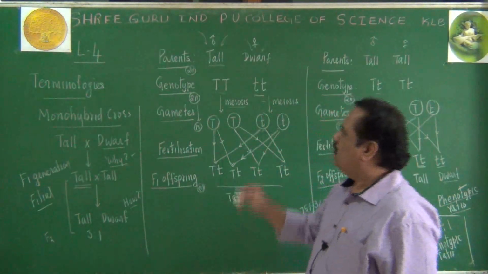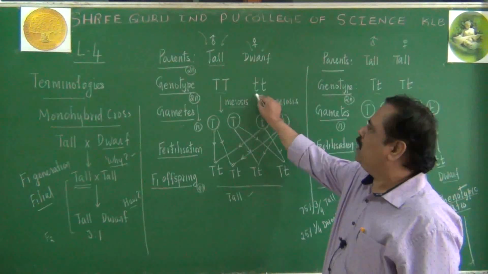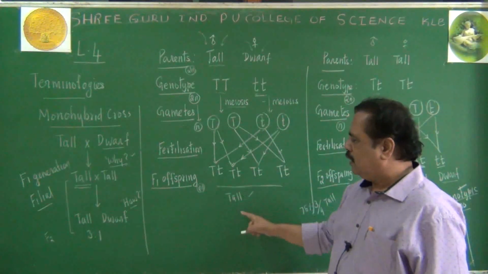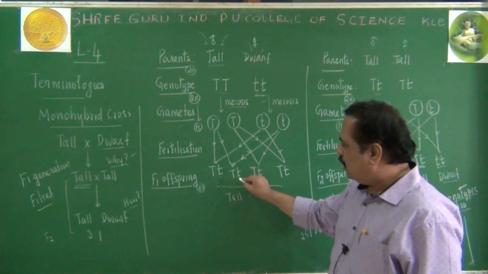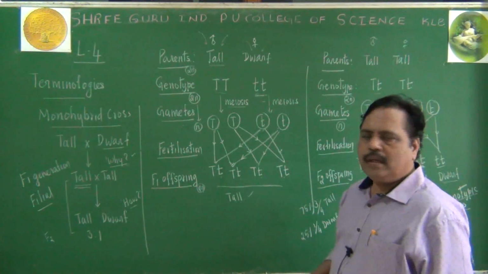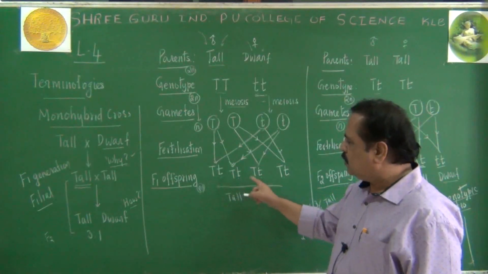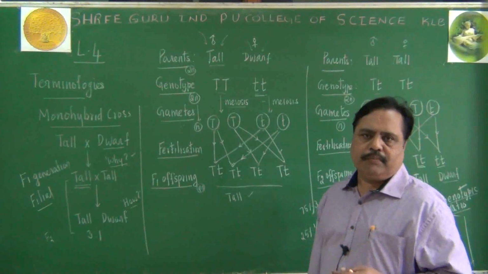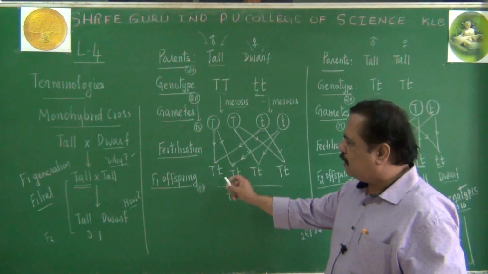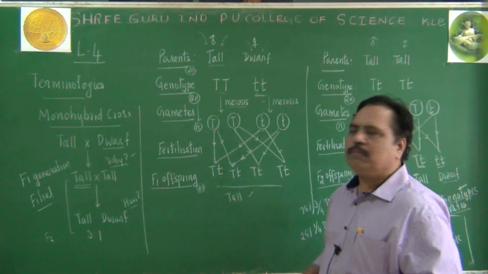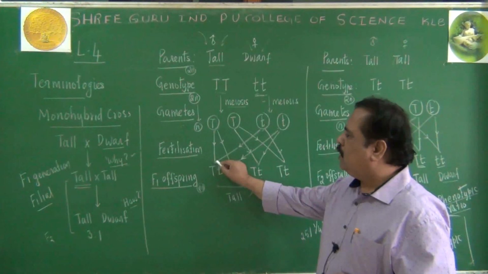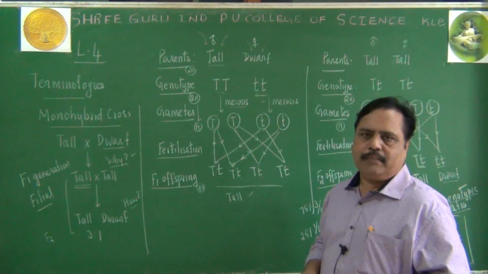Please listen. Dwarfness is represented by small t. That small t has come here in the F1 offspring. All of them are having small t. But in spite of having small t, they did not exhibit morphologically. The small t is hidden by capital T. Remember this point. Are you getting this point? Capital T will dominate over the small t.